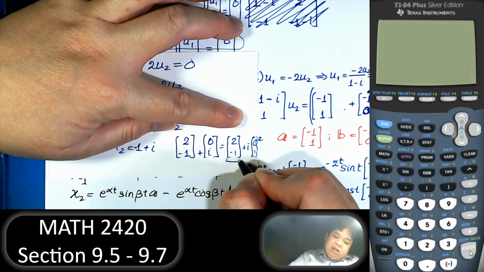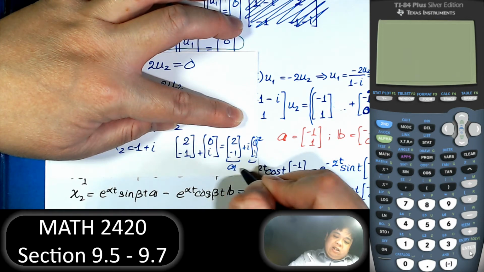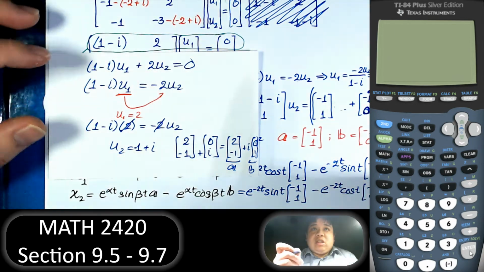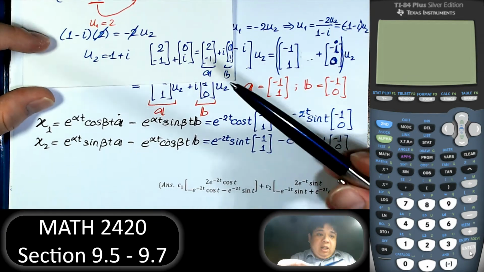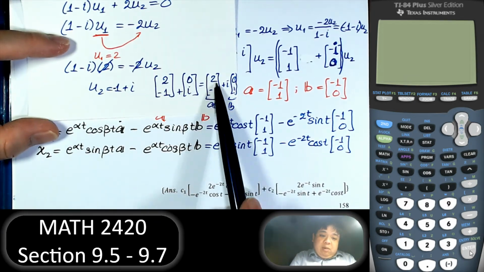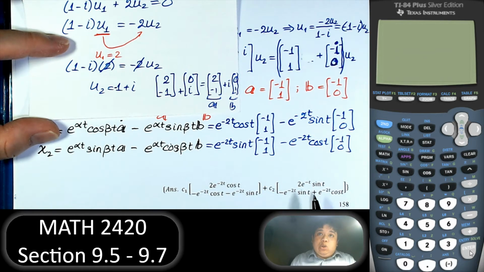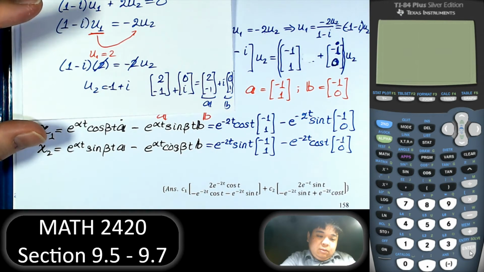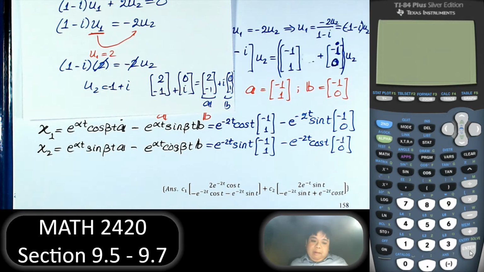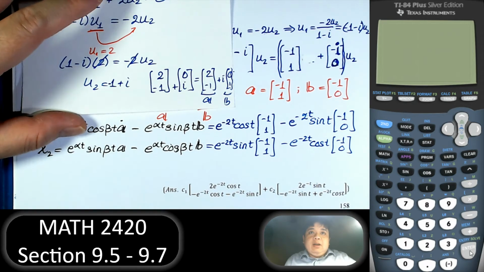So this is another A and this is another B. We can use any vector A or vector B. If we use this set of A and B, this is the exact solution that we're going to have. Right.